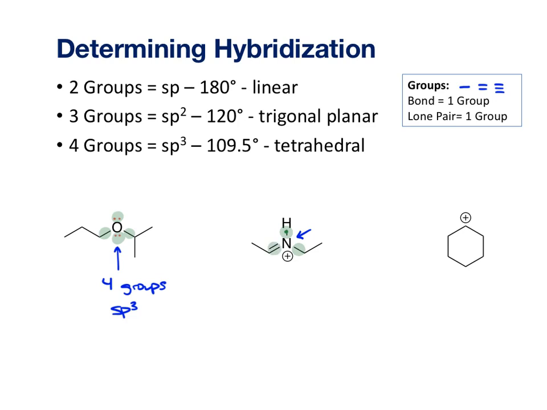The double bond is a group. The positive charge doesn't go into our determination for hybridization. So with this, there's 3 groups around the nitrogen. 3 groups is sp2. And that nitrogen has a trigonal planar geometry.